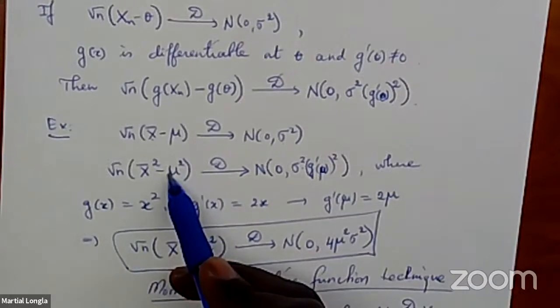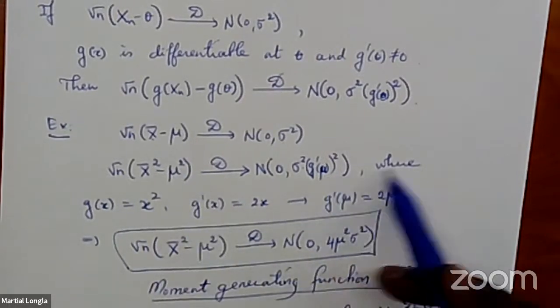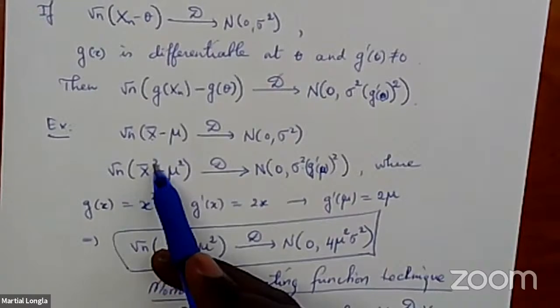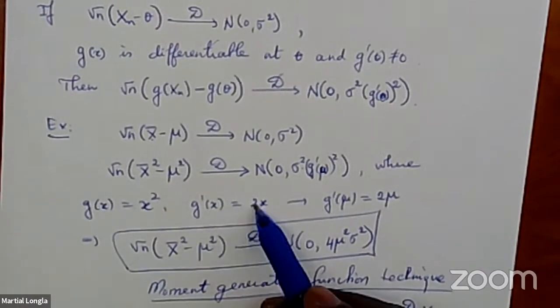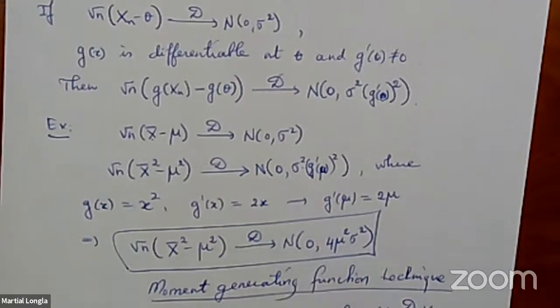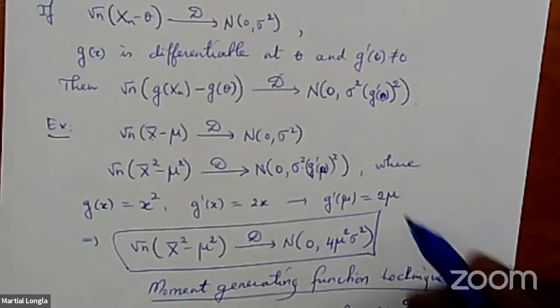Because mu is playing the role of theta, where g of x is x squared, because I just squared this thing. g prime of x is 2x, and when you plug in mu, you get 2 mu, right? Except if mu is equal to 0, that thing is not 0.